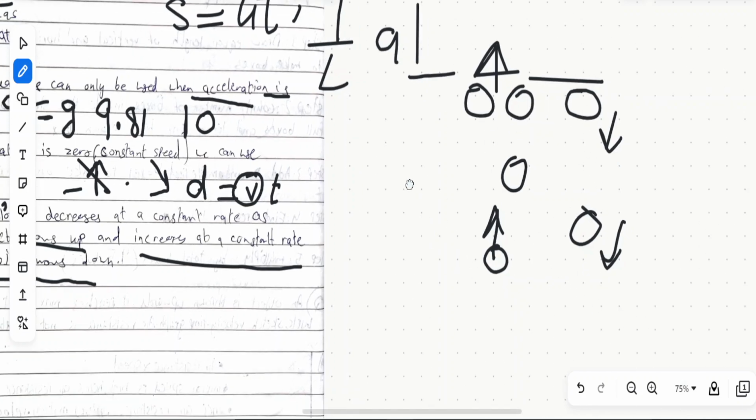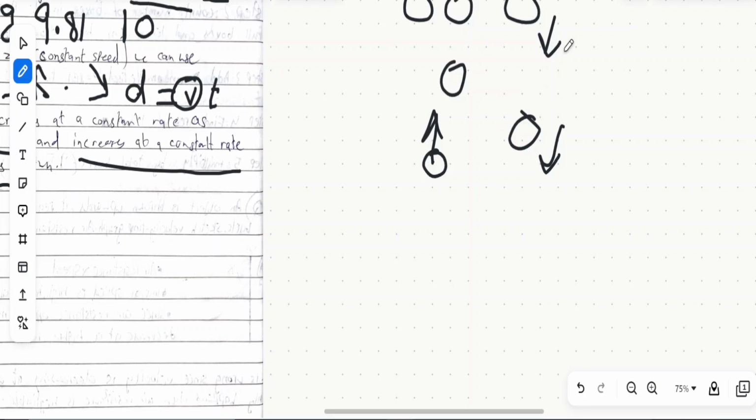So remember, why is my ball not going up? Why is it going down? Because your gravitational force or acceleration, which is 9.81, is in the downward direction.